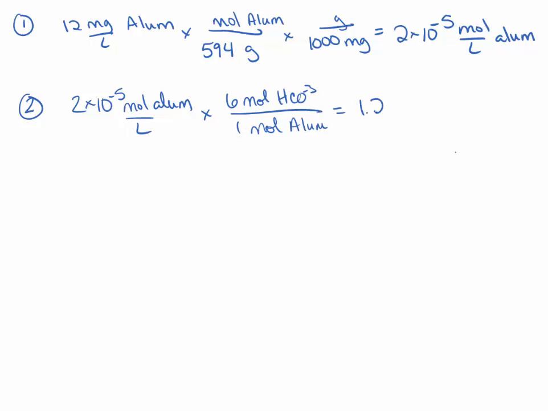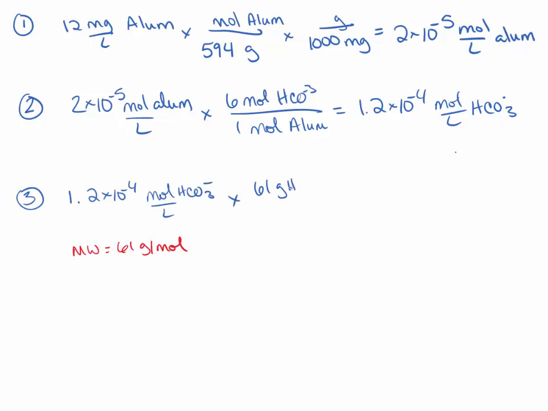And that leaves us with 1.2 times 10 to the negative 4 moles per liter of bicarbonate are required for that dose of alum. So 61 grams bicarbonate per mole gives us 0.007 grams bicarbonate per liter.